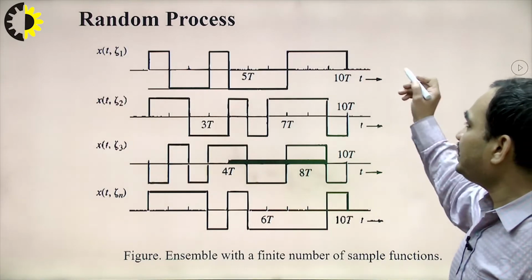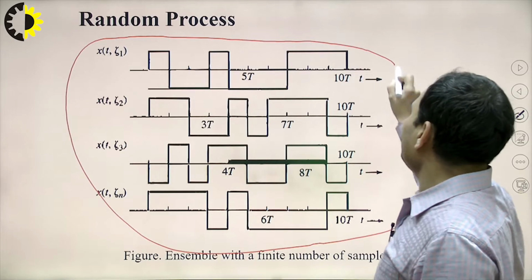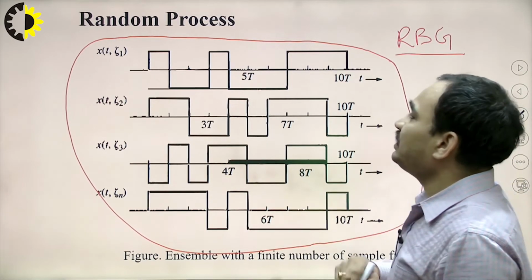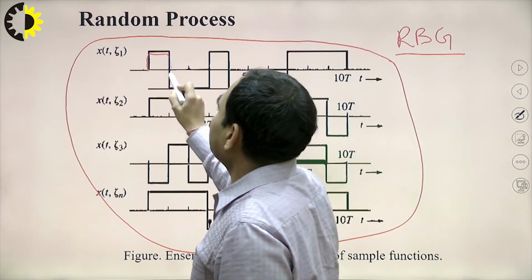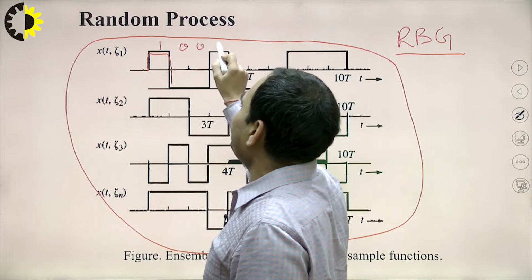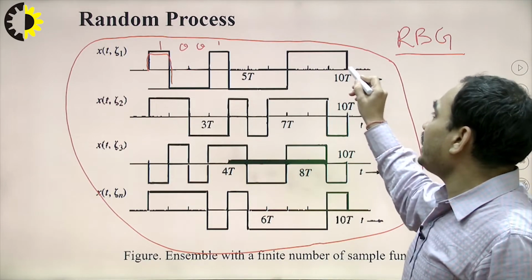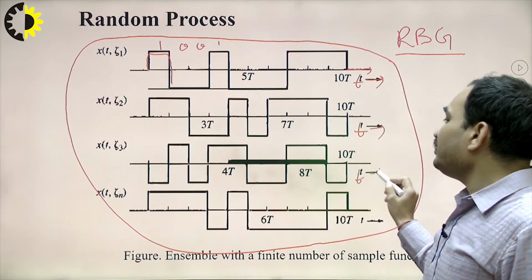Now we can say that the output of the random binary generator, which is widely used in communication, will generate digital data, and it is random in nature. Due to the randomness, and since it is a function of time, the data is varying with respect to time.